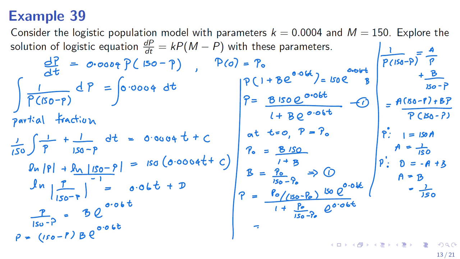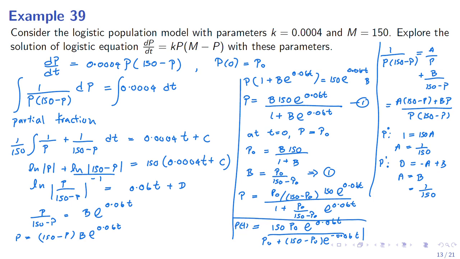Then if I again simplify by multiplying by 150 minus p naught and arrange terms, skipping one or two steps, we get 150 p naught e to the 0.06 t divided by p naught plus 150 minus p naught e to the minus 0.06 t. Look, I have a minus sign here. When I simplify things, we have a minus sign somehow at the end.